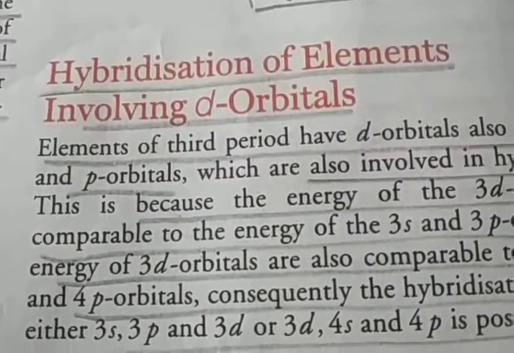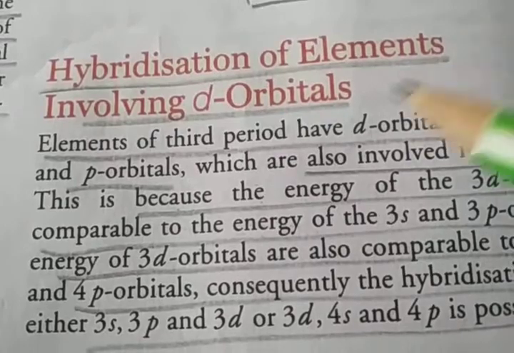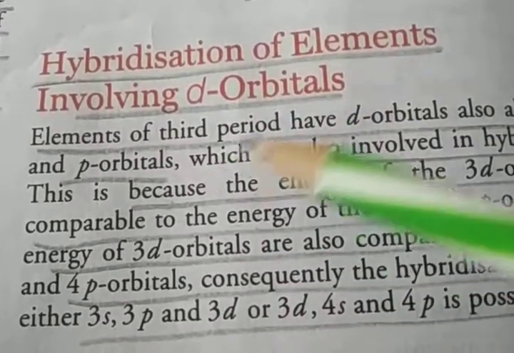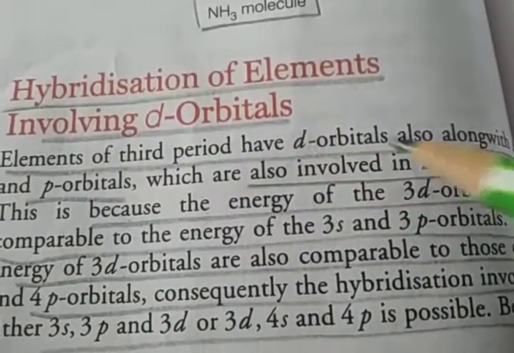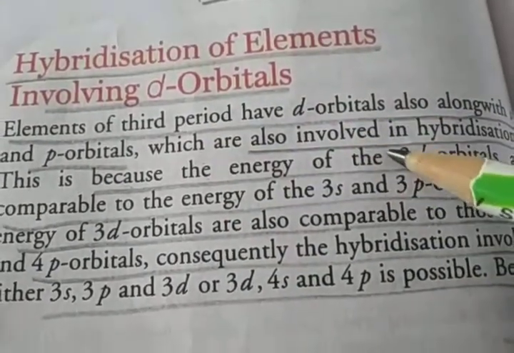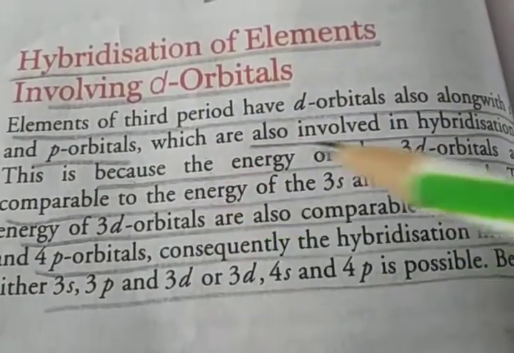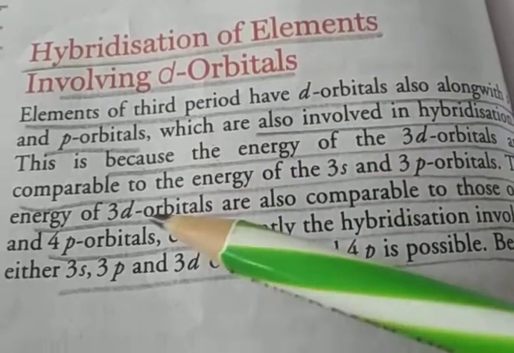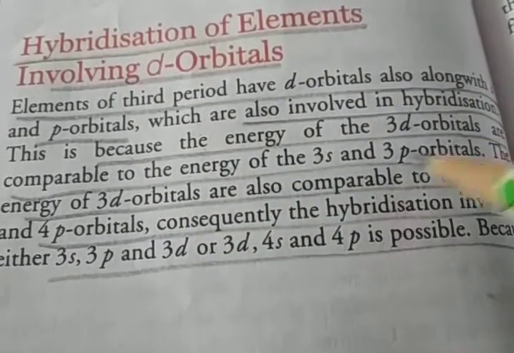Next topic is hybridization of the elements involving d orbitals. Elements of the third period have d orbitals along with the s and p orbitals, which are also involved in hybridization because the energy of the 3d orbitals is comparable to that of the 3s and 3p.